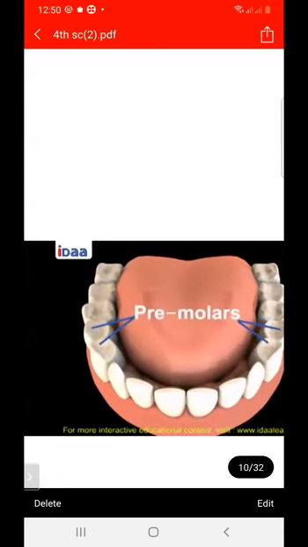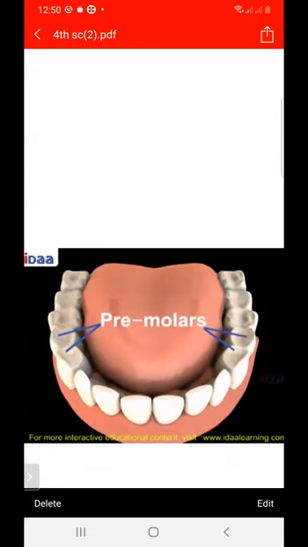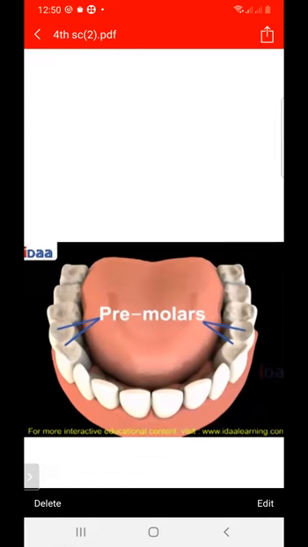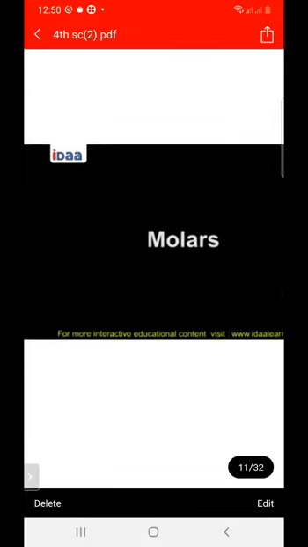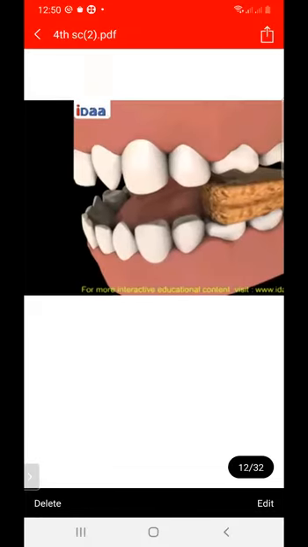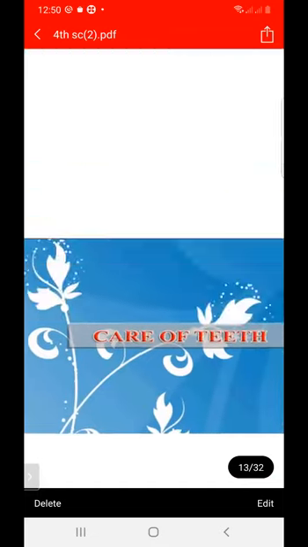Next is the premolar. The location of the premolars is shown, which we discussed in the last lecture. They are 4 on each side. So they are number 3, they are premolars. And next are molars. What are the molars shown in the figure?